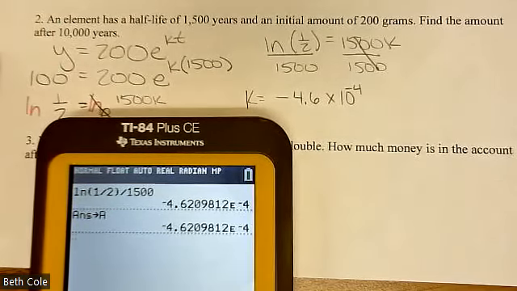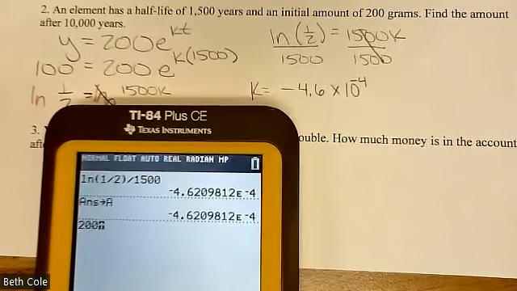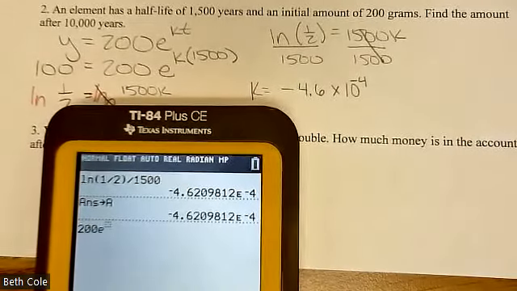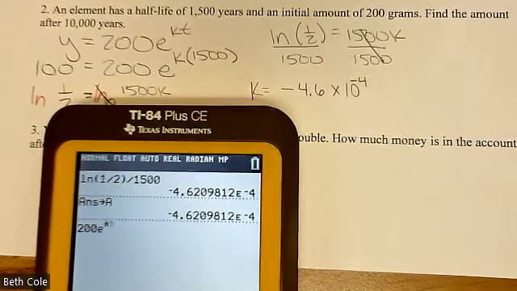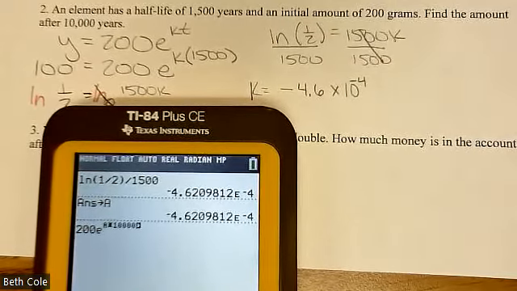So 200 e to the power what? K times 10,000. Now we have that stored as A. So do alpha A times 10,000. It's a copy paste. It's taking that number and pasting it in there for you.